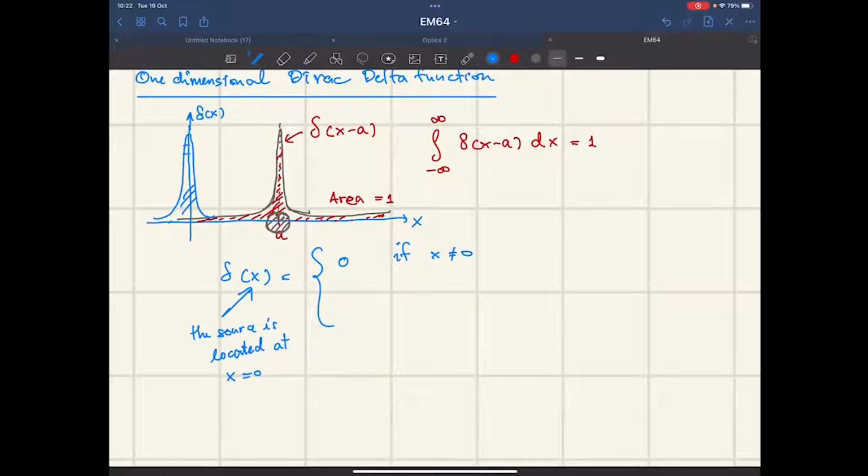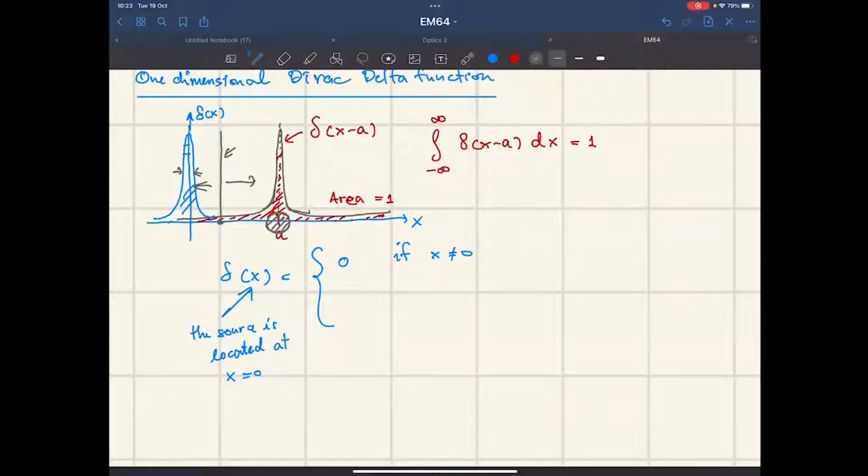Normally, when we think about the Dirac delta function, the actual function is basically just a straight line like that. It's just a line, really, really thin, meaning that the width here is really, really small, like a needle point. So everywhere else is 0 except at the location where the source is.